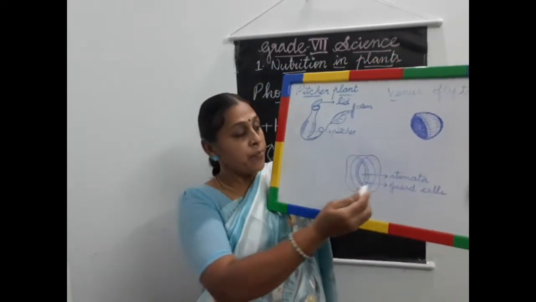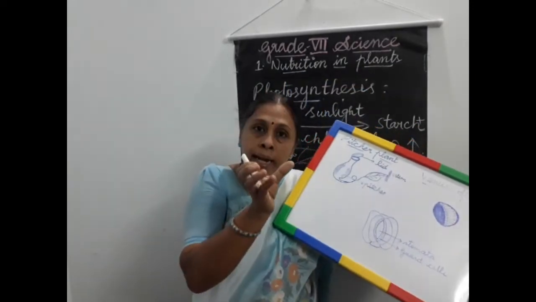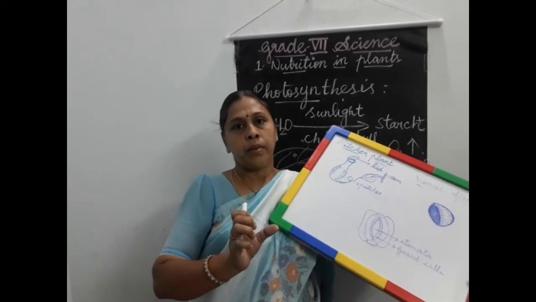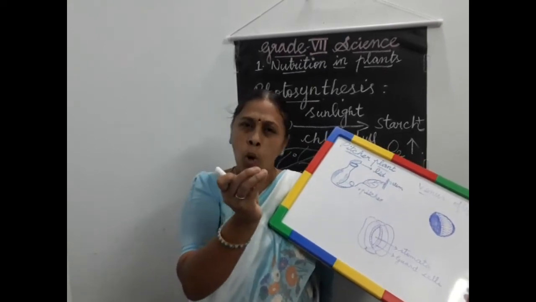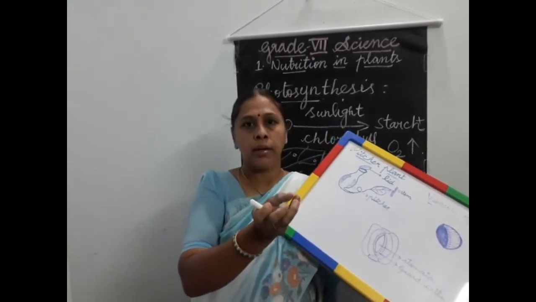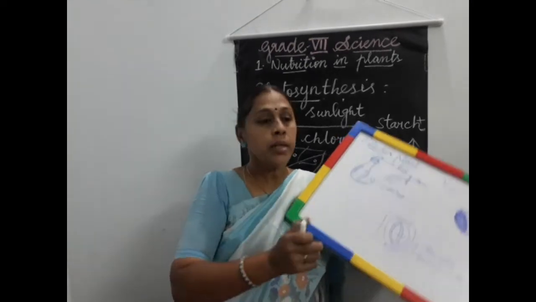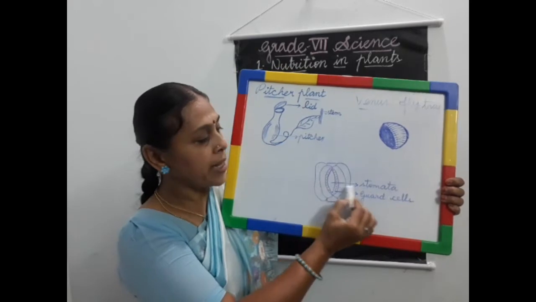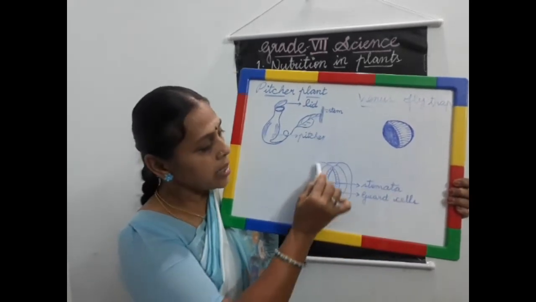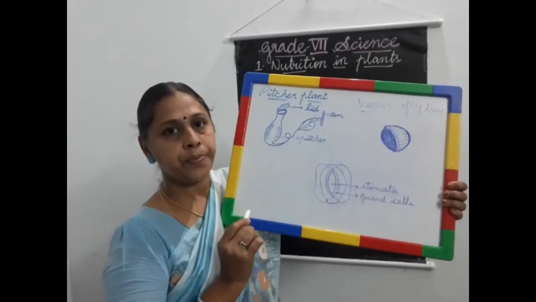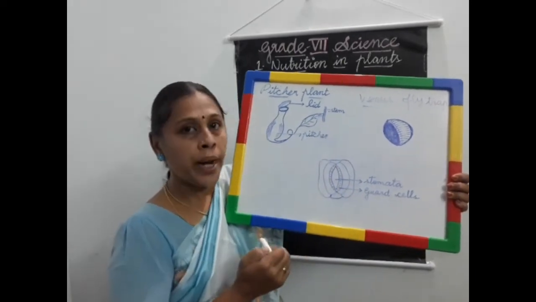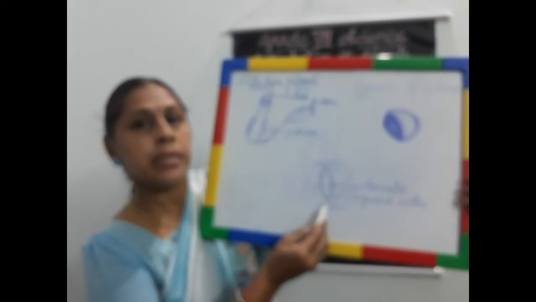That means these guard cells will protect that opening from damage, so that the small hole may not get destroyed. From the destruction, these guard cells will protect the stomata. The small opening is called stomata. These are nothing but the surrounding cells. Are you able to see this?